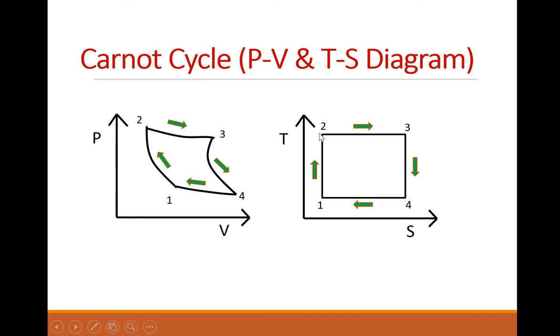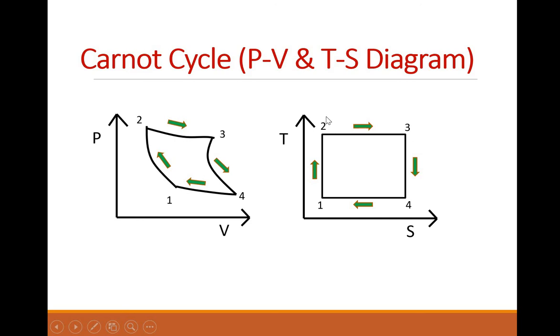Practically this is not possible. Then again from 2 to 3, which is your boiler to turbine, that is the process. So see here, the pressure and volume are gradually changing when moving from 2 to 3, but this 2 to 3 denotes the isothermal process. You can see at point 2 the temperature is the same, at point 3 also the temperature is the same.